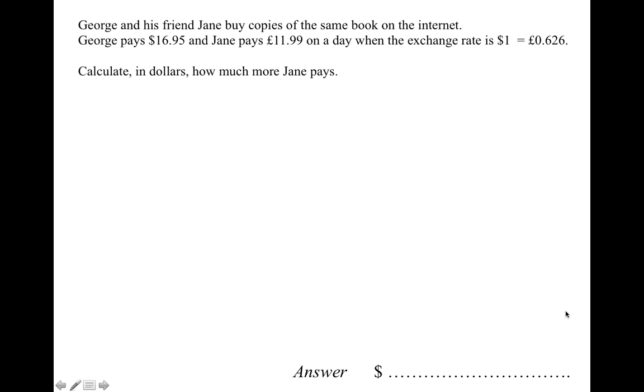So because we want the answer to be in dollars, it would make sense to try and convert the £11.99 into dollars. We've got the basic information that $1 is worth 0.626 pounds, and we'd like to know what £11.99 is worth. And as an in-between step, it makes sense to figure out what £1 is worth.